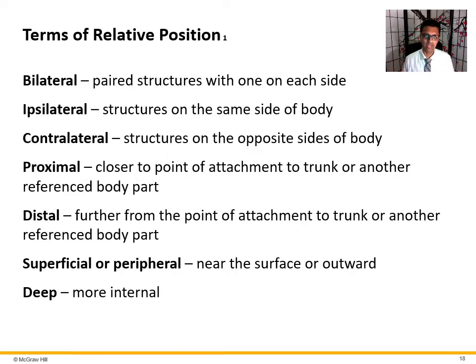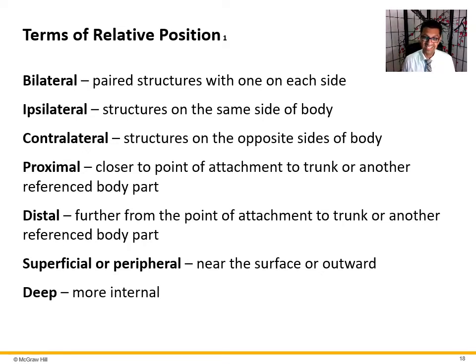Bilateral means both sides. Ipsilateral means it's on the same side. So if I hurt my right shoulder and my right knee, then we have ipsilateral injuries. But if I hurt my right shoulder and my left knee, then I have contralateral injuries. Proximal means I'm closer to the body, so my shoulder is proximal, right? Distal means furthest away, so my hand is distal to the elbow, it's further away.